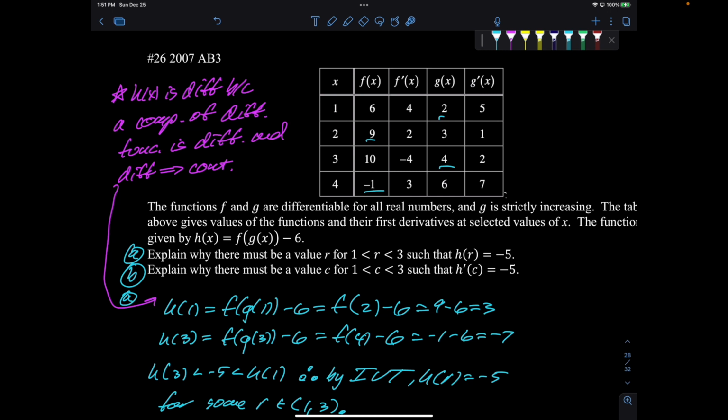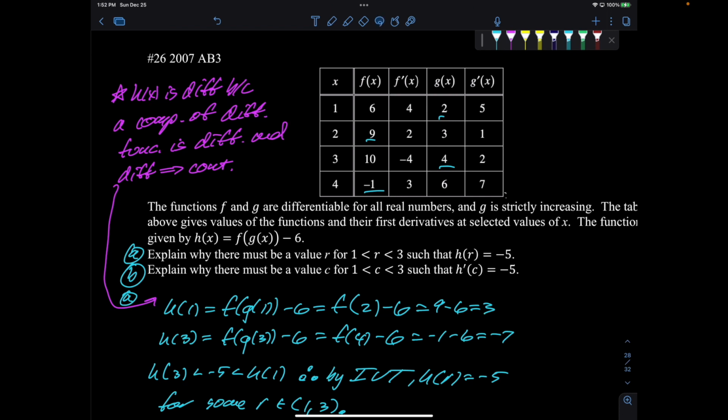All right, B, explain why there must be a value of c between 1 and 3 such that h prime of c is -5. All right, so we have said that h of x is differentiable because a composition of differentiable functions is differentiable. And we know that h is continuous because differentiability implies continuity.